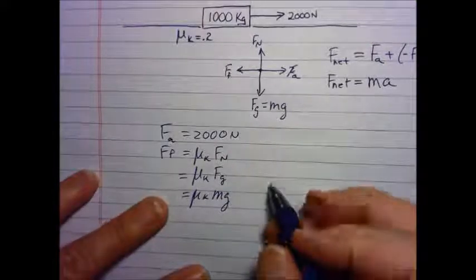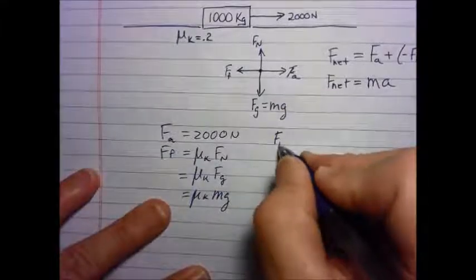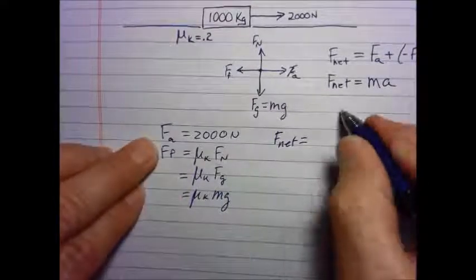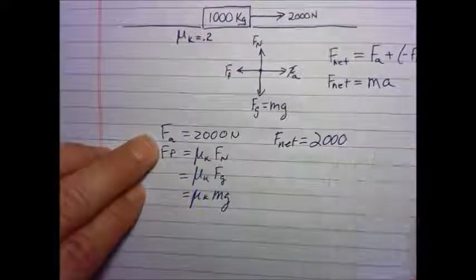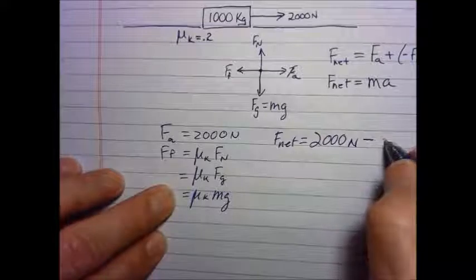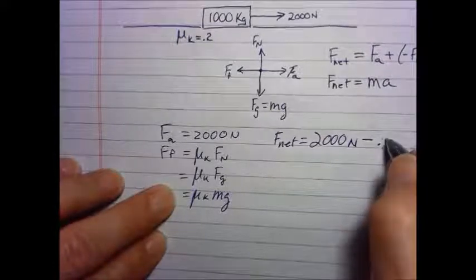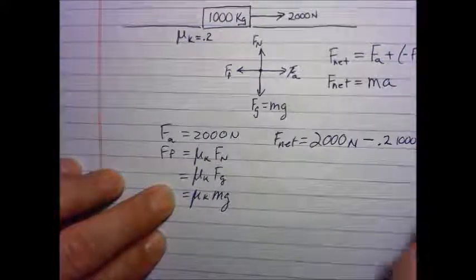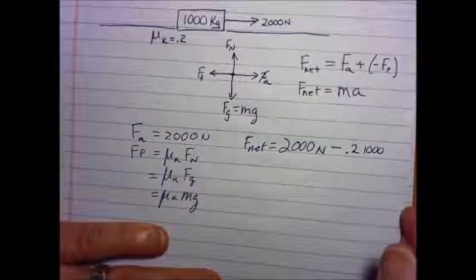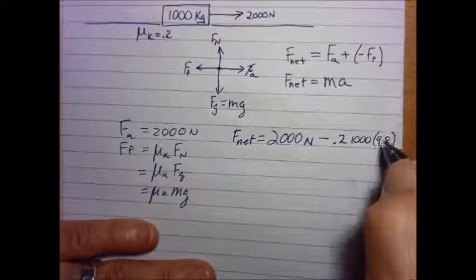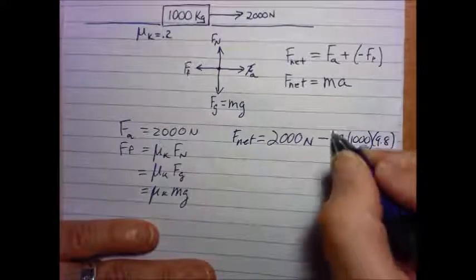So now I can write that F net is equal to the applied force, 2,000 newtons, minus the friction force, which is mu k, 0.2, times the mass of 1,000, times the force of gravity, which is 9.8. Wow, okay, I squeezed it all in here.